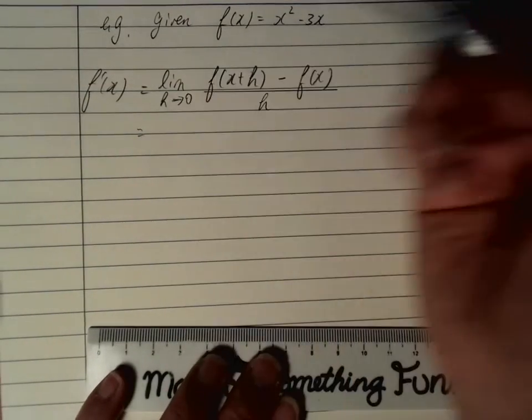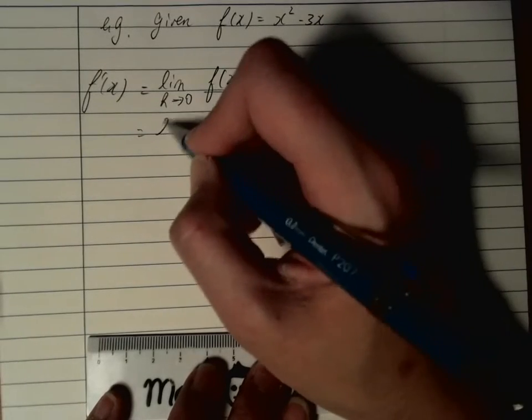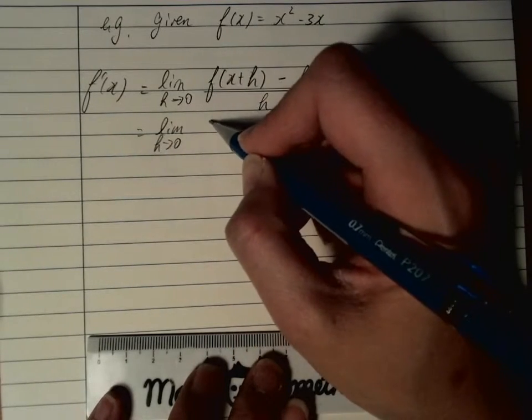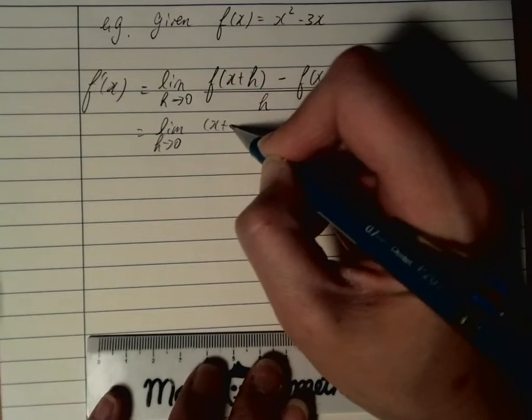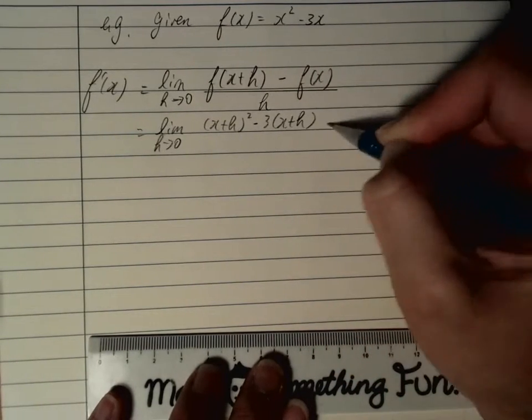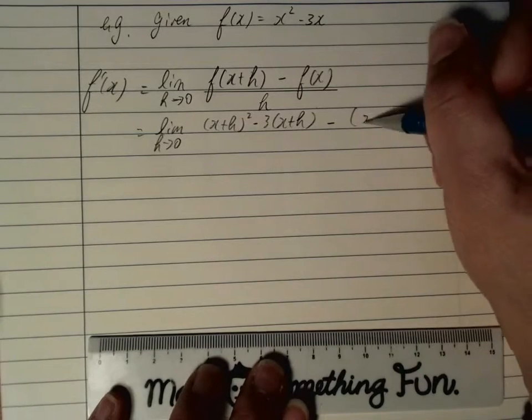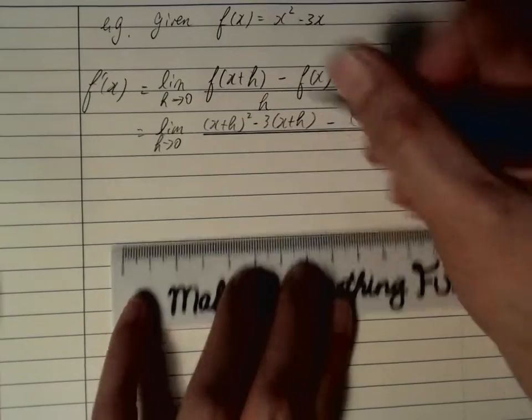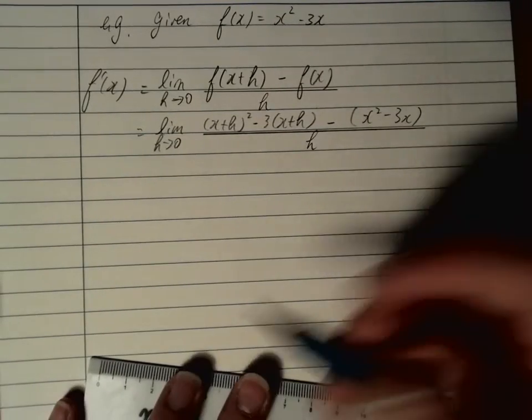We just have to substitute into the function, minus the other function, which is x squared minus 3x, all over h, because that is the slope, rise over run.